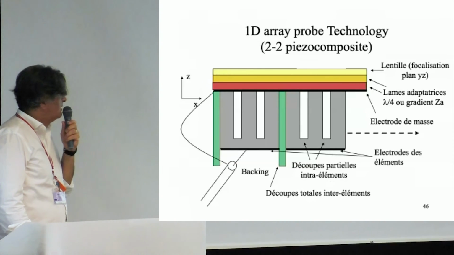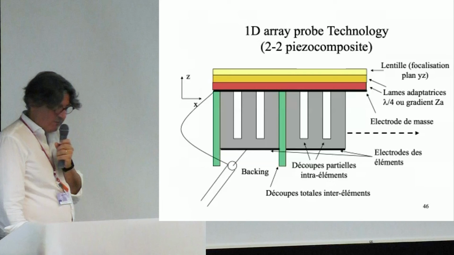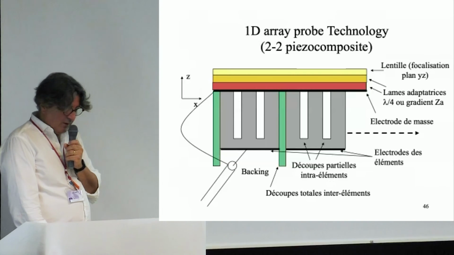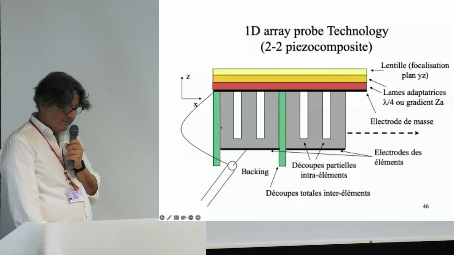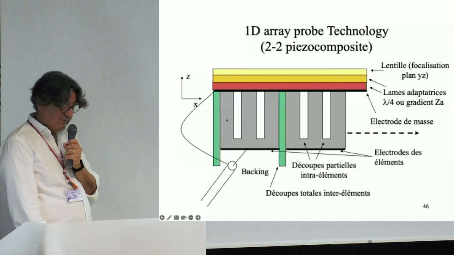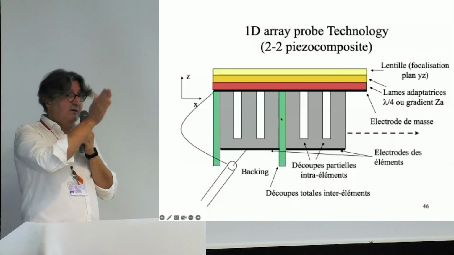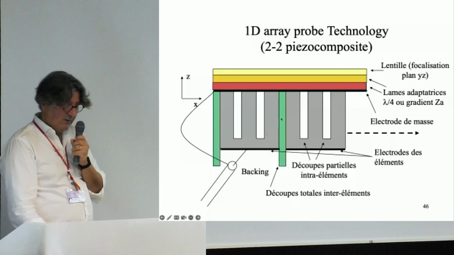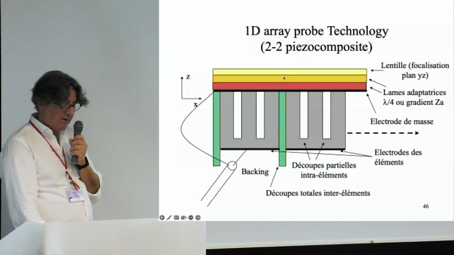So here is a typical structure of an array probe. You have the backing materials here. Let's say it's an element. You use a composite material, typically a 2-2 composite material. Here, because you want to avoid the intercoupling between elements, you have in green a cut that is done to avoid propagation of waves in the transverse direction.